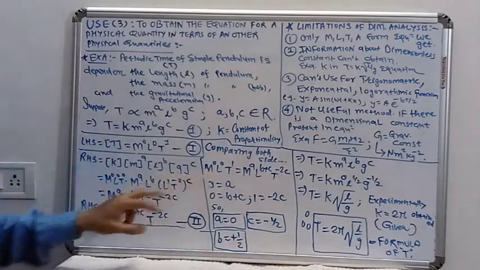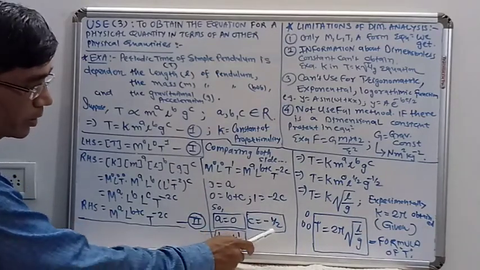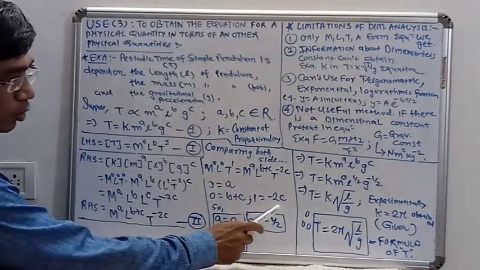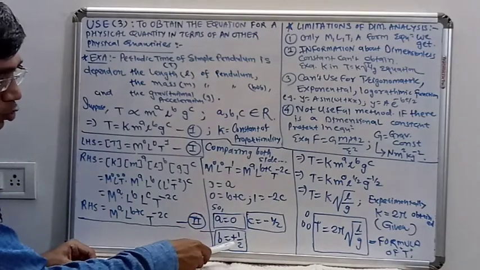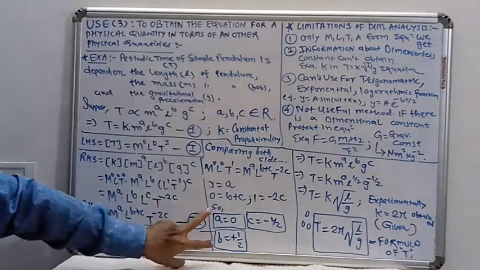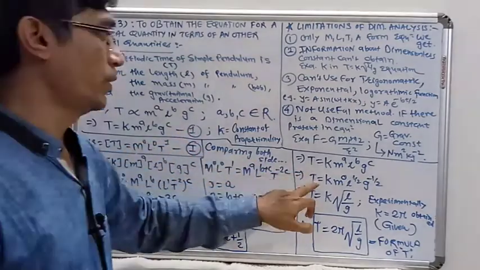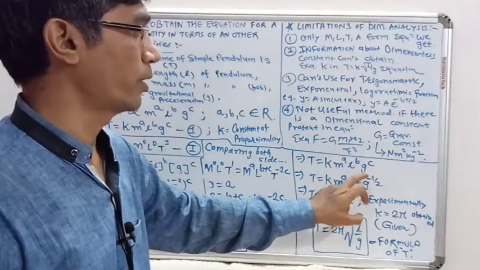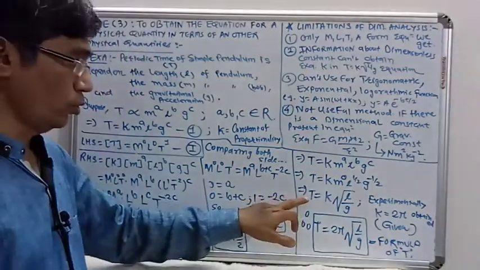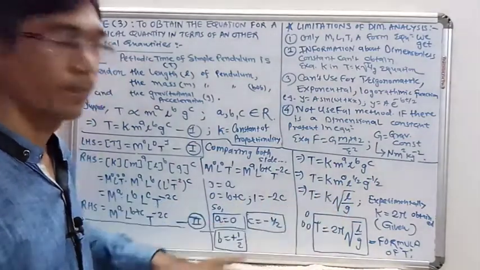From this we get a equal to 0, c equal to minus 1 by 2, and by putting the value of c in b plus c equal to 0, we get b equal to plus 1 by 2. Now put these a, b, c values in the first equation. So we get T equal to k m^0 l^(1/2) g^(-1/2). So T is given by k root l upon g.